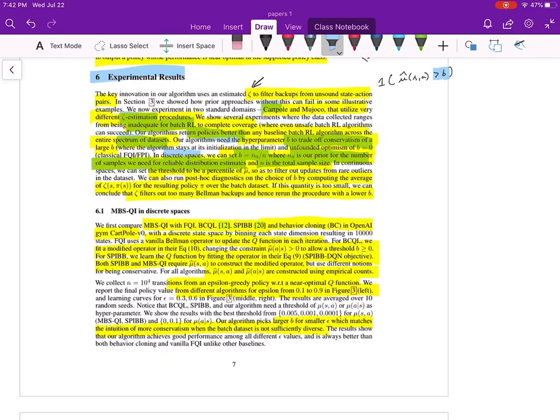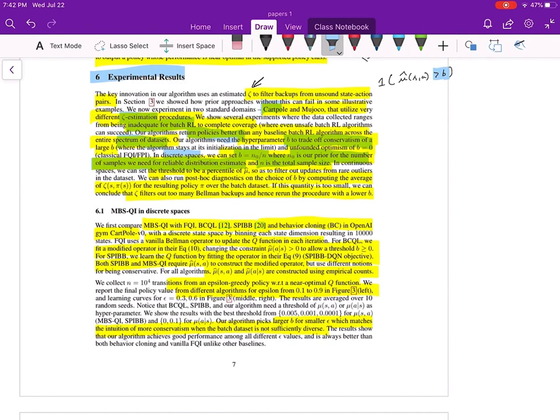Is this close to 1? No, it shouldn't be. You will need to look at the code to decode this.